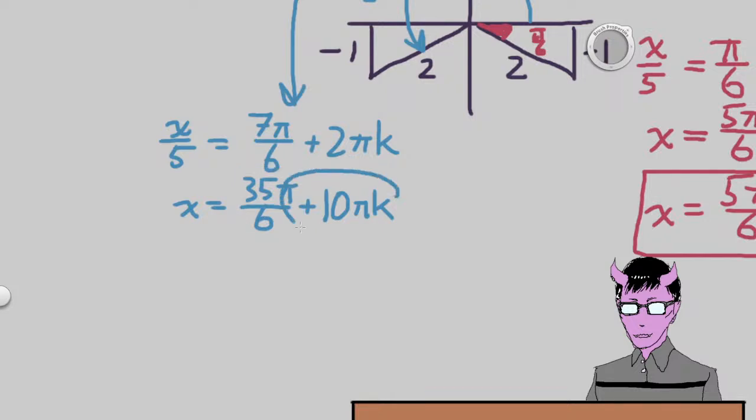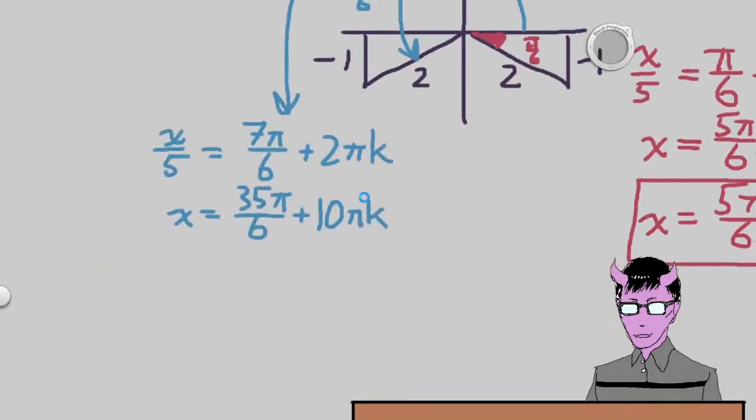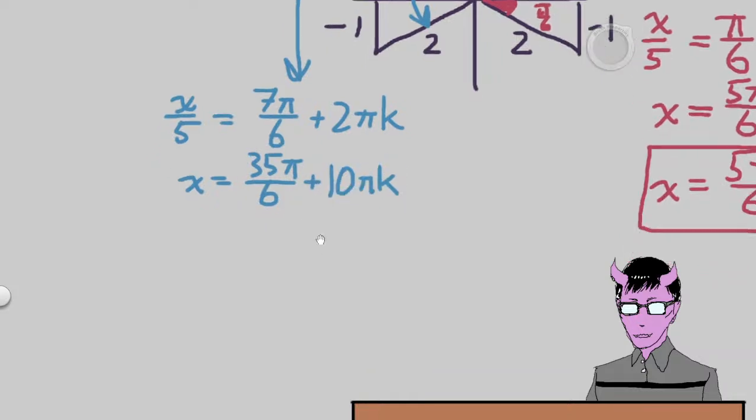But let's consider the situation if we subtract or add 10 pi. So this one takes us past the positive domain restrictions. It's well past 4 pi. So to get other answer candidates, it doesn't make sense to add any more 10 pi's to it because this is already past 4 pi. So thus, we will only consider negative k values.